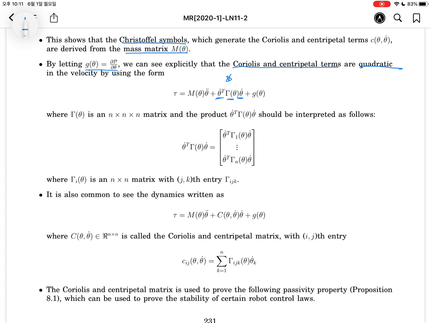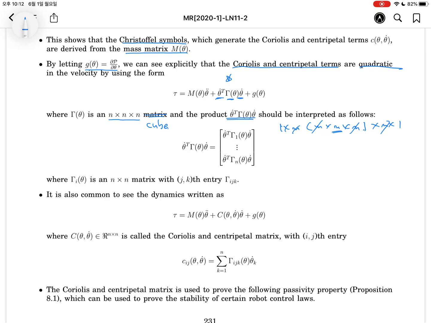It's a cube, n times n times n. The product of theta dot transpose, gamma, theta dot, the result will be a vector, because 1 times n, n times n times n, and n times 1, so both are cancelled out. The n-dimensional vector remains.